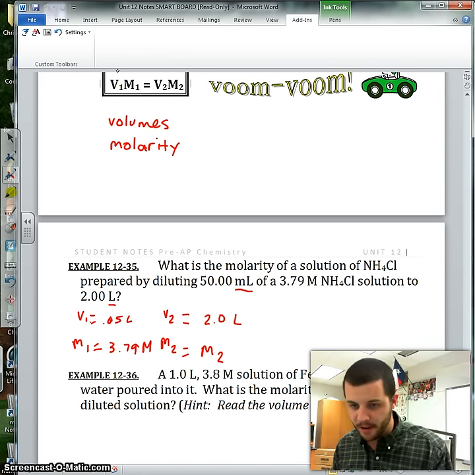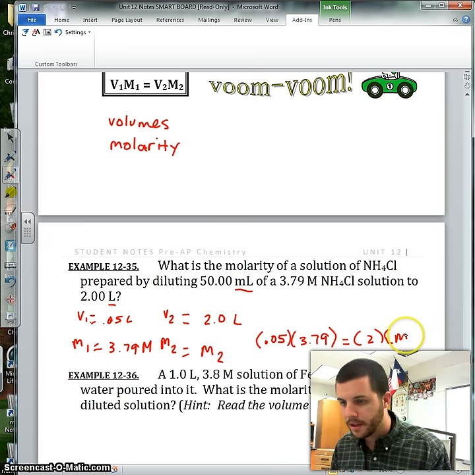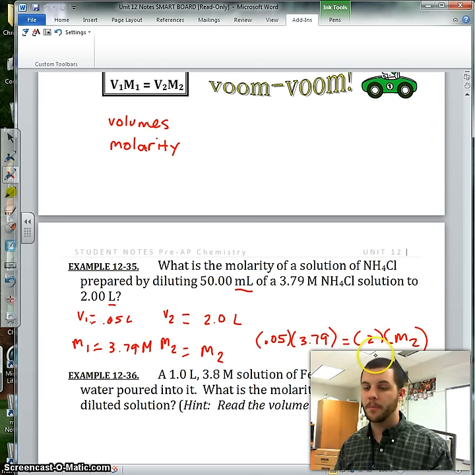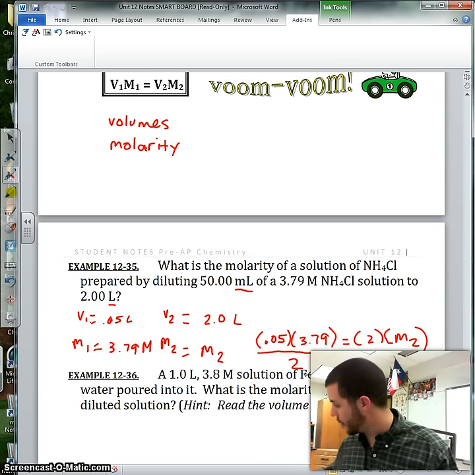So I have 0.05 times 3.79 equals 2 times M2. If I want to get M2 by itself, I'm going to divide both sides by 2 and plug that into my calculator.